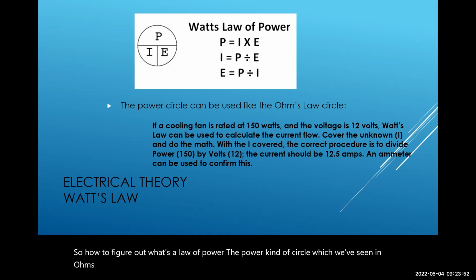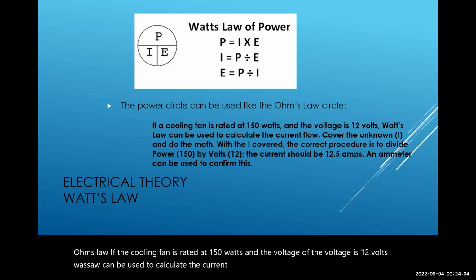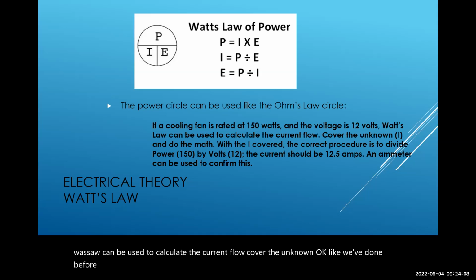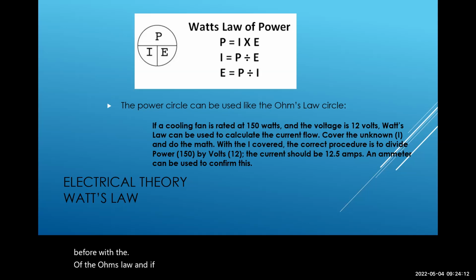If the cooling fan is rated at 150 watts and the voltage is 12 volts, Watt's law can be used to calculate the current flow. Cover the unknown, like we've done before with Ohm's law, and if we cover that, then you can do the math.